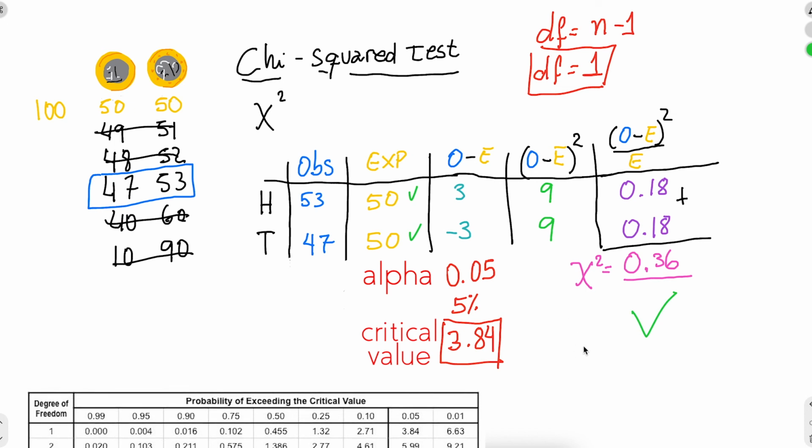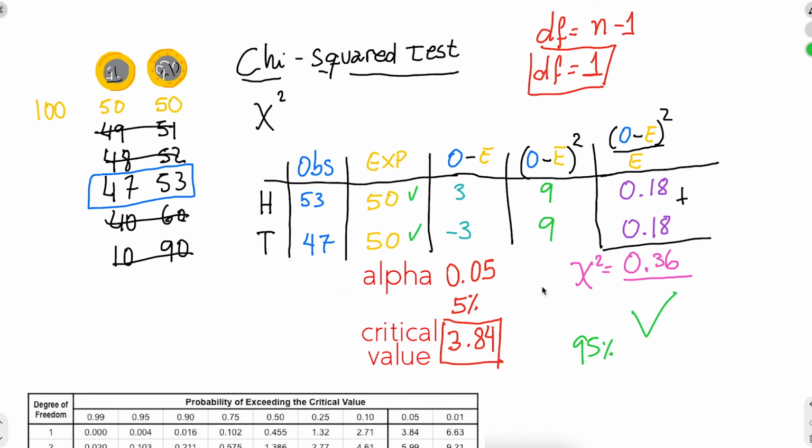Your coin is fair with a 95% interval of confidence. That means with 95% certainty, you know that your coin is fair and the distribution here is really 50-50. This difference you see is just random.